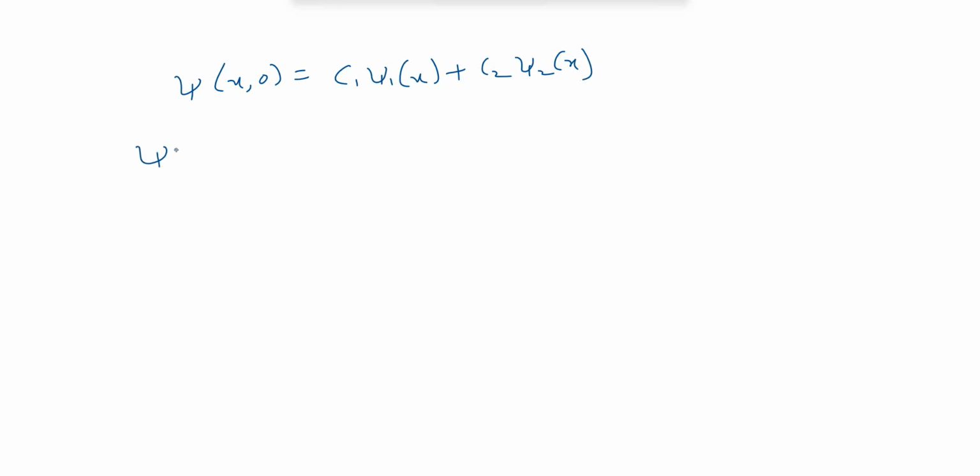Now we can compute psi of x comma t with its time dependent characteristic, e to the power minus i E1 by h cross t.